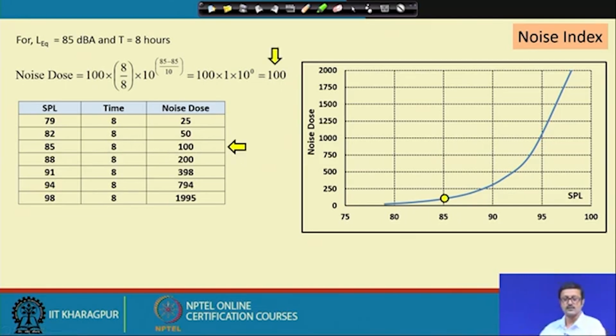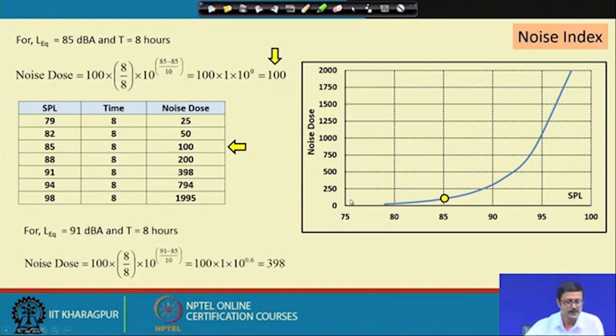So, this 100 and this 100, that particular point in this graph is 85 dB for 8 hours, and this is 100. Next, suppose I am exposed to a 91 dB sound for 8 hours the next day. What is my equivalent dosing?